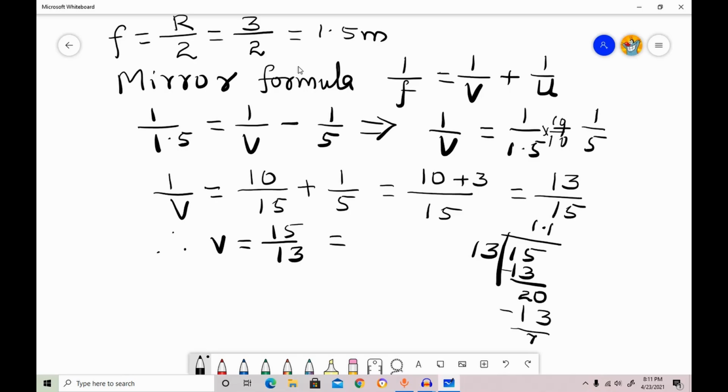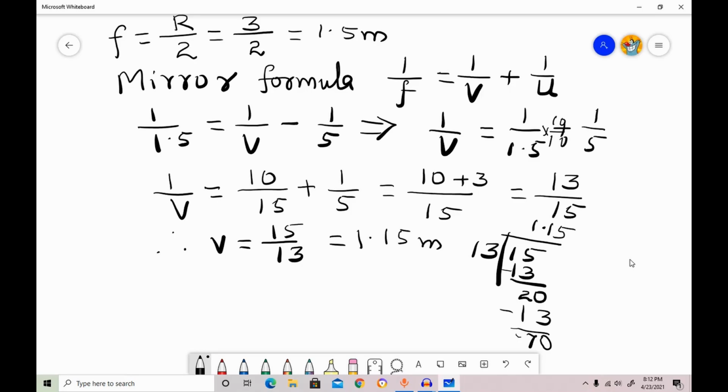So minus, 7, becomes 70 then 5, 65. So this is enough. So write the value 1.15 meter.